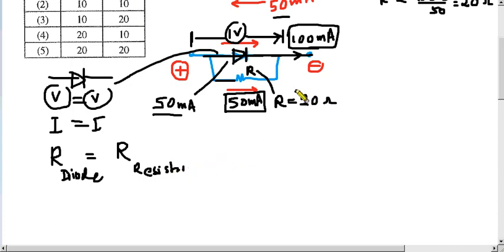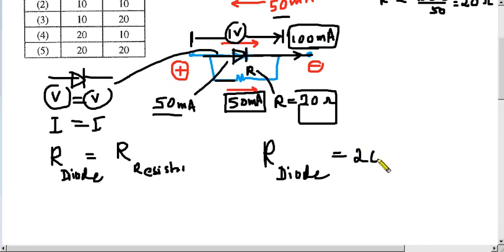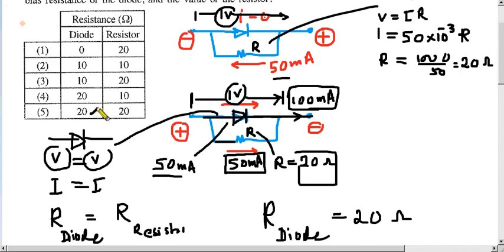Therefore the resistance of the resistor is 20, then the resistance of the diode also must be 20. So both values are 20, so the answer is 5.